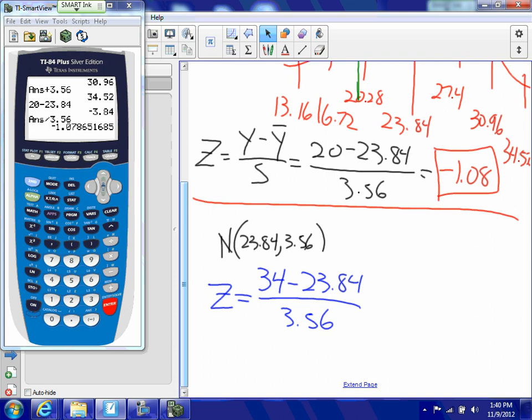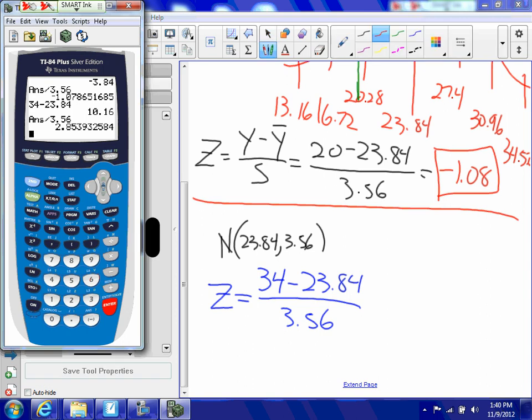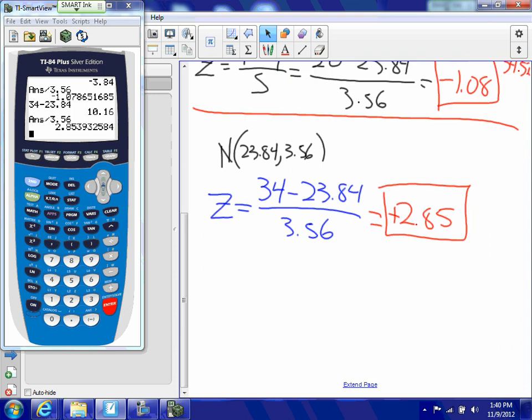So let's do the math. 34 minus 23.84, that's my mean, is 10.16, and I'm going to divide that by 3.56. So a car going 34 miles per hour is 2.85. That's a positive 2.85 z-scores above the mean.